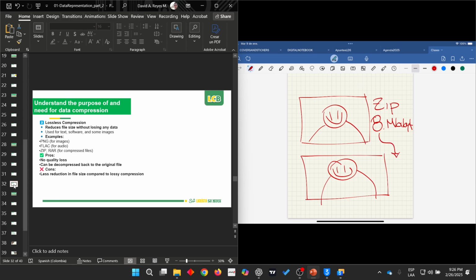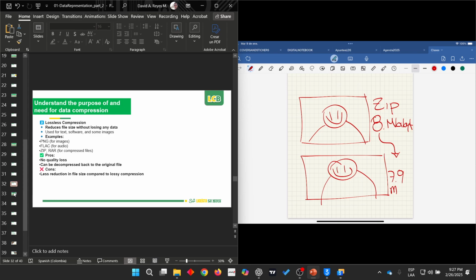When you compress the file, you are going to have just 7.9 megabytes. You are going to say, but it doesn't reduce anything. Yes, that is the reason, because that is lossless compression. The purpose of lossless compression is that you don't lose quality in your files.